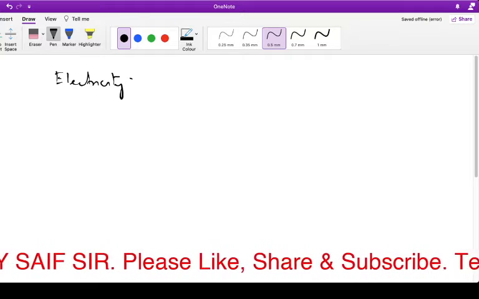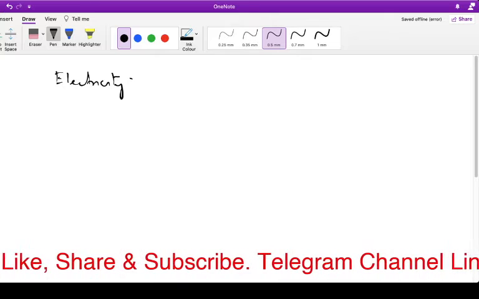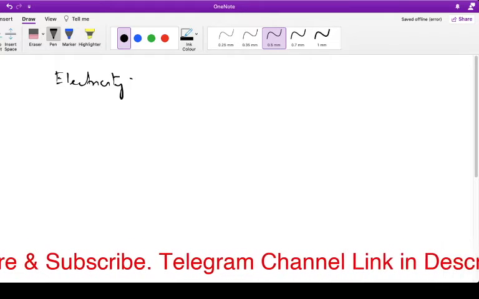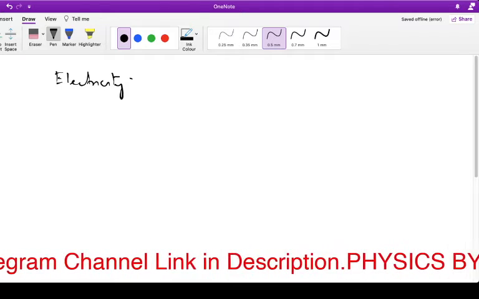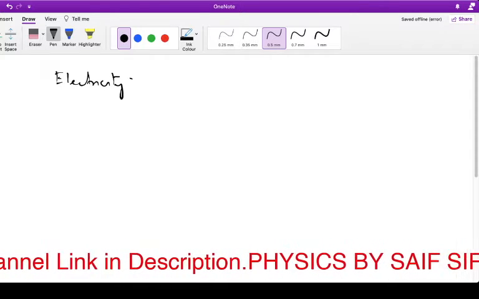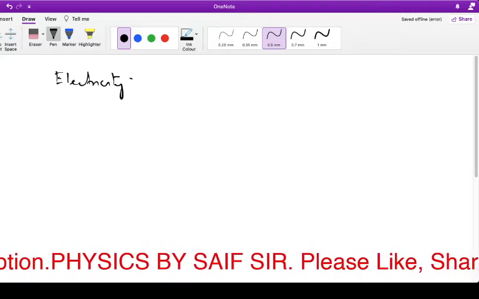We also saw problems based on series and parallel combinations of resistance, and in this video we are going to solve a couple of problems to learn more in depth about series and parallel resistance.